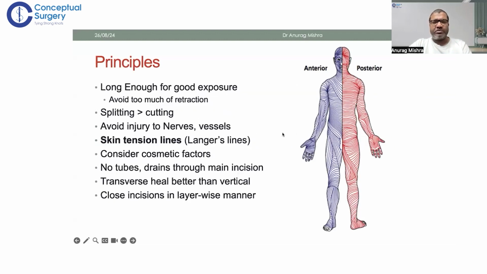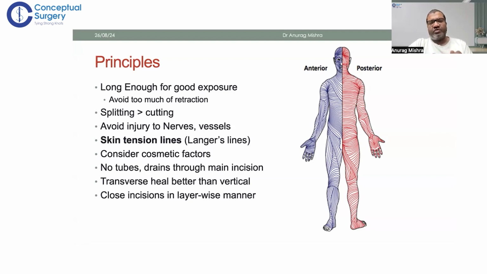Some principles which we all follow as surgeons are that the incision should be long enough to give us good exposure. Here I want to emphasize that many people would think, can we give a smaller incision and use retractors to get access to the viscera? I would suggest that no, it is not a good idea. Remember, for body tissue, especially muscles and fascias, cutting is a better injury to give than a stretch injury.